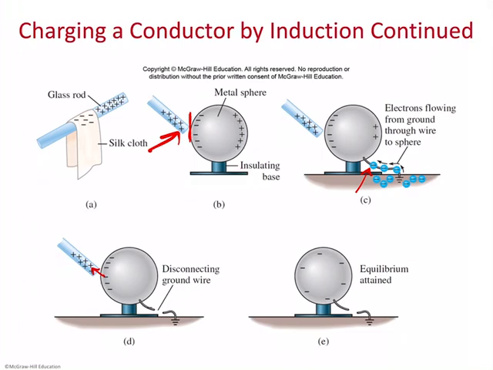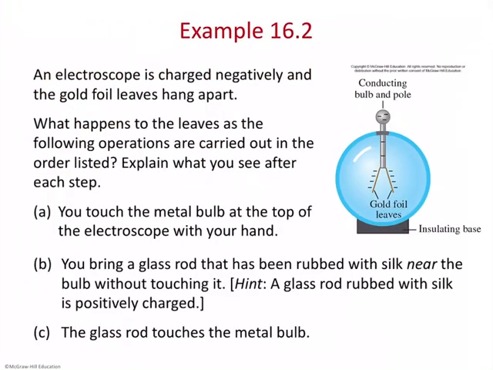Well, now the positives are gone because they've gone into the ground, or the electrons have come from the ground. And so now they're at equilibrium again when you move the glass rod away. Okay, so example 16.2, I'm going to stop the video and start a new one before we do this one.